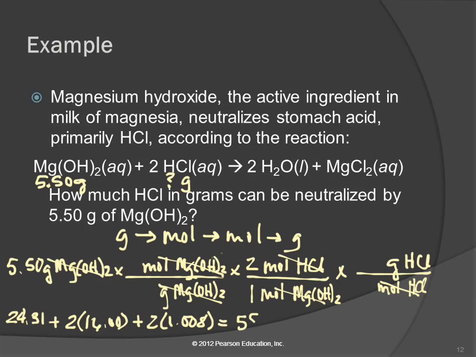Come up with 58.326. So that goes in here, 58.326. And then HCl is 1.008 and 35.45, which ends up being 36.458.